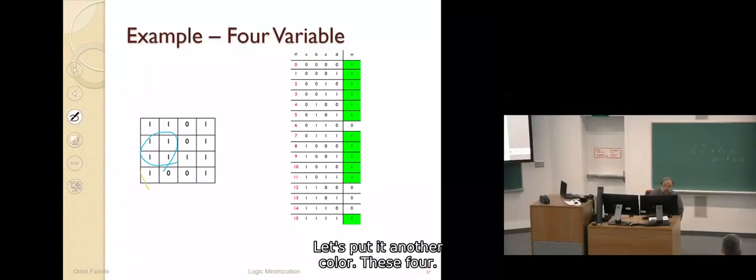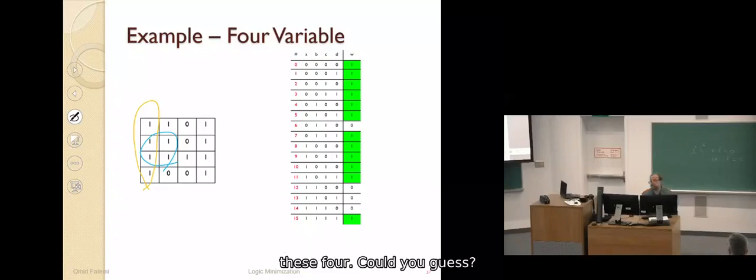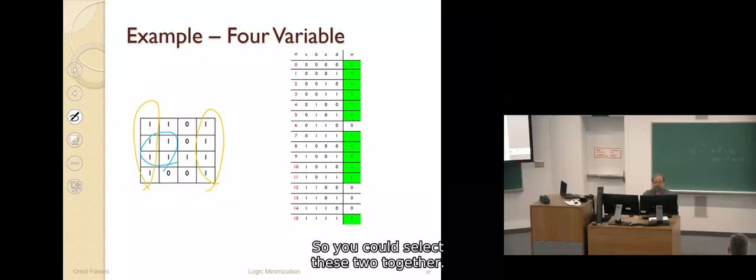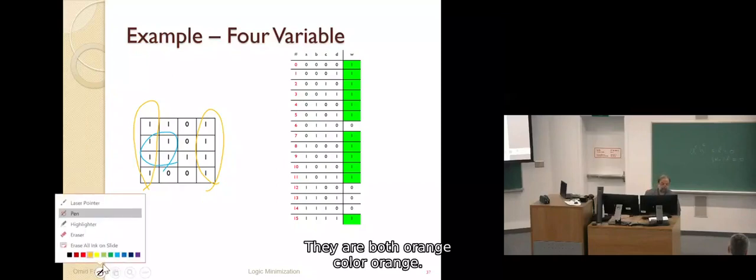This 4. But I have to tell you something later about this 4. Could you guess? Perfect. This is what I was looking for. This and this, they are adjacent. I told you could look at that. So you could select these 2 together, and they are both orange.